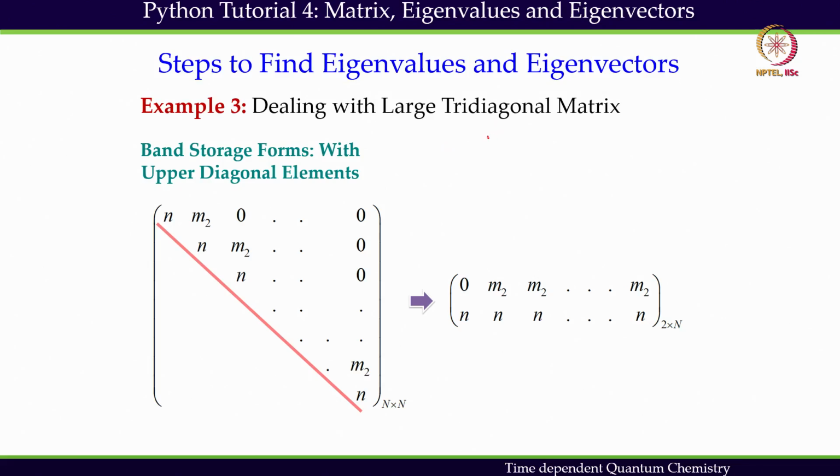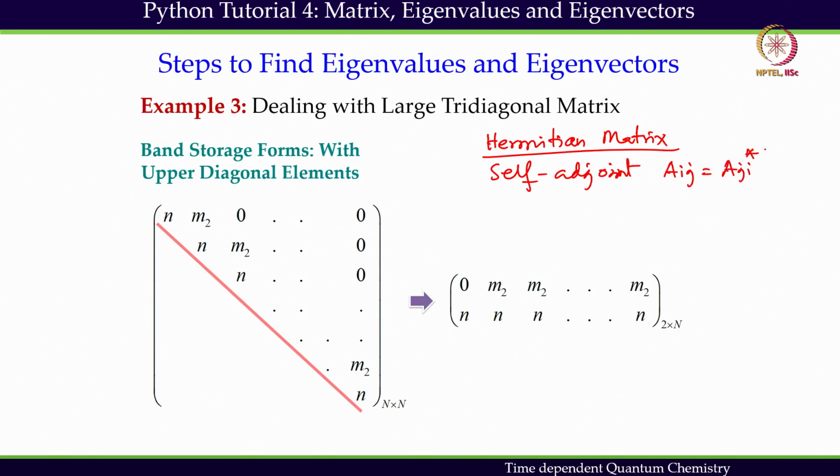So, if it is a Hermitian matrix, it has to be self-adjoint, and what does that mean? A_ij is going to be A_ji star.